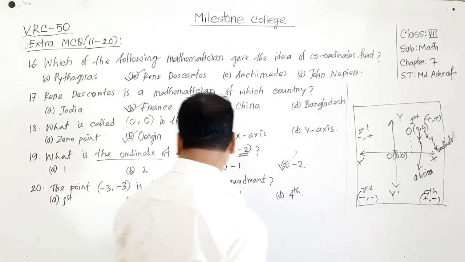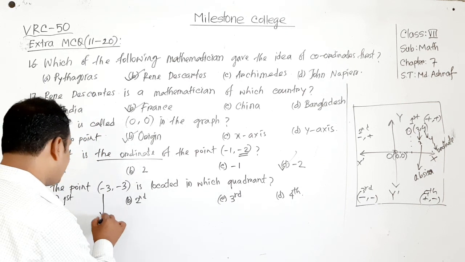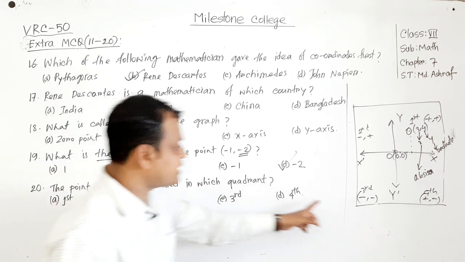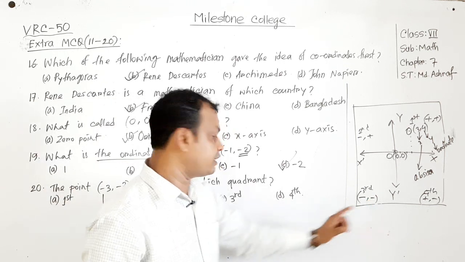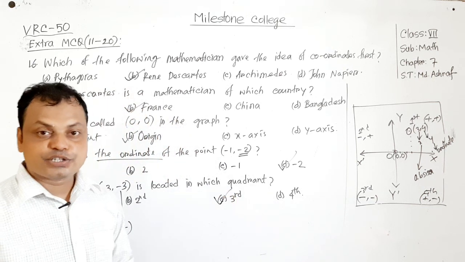Look at -3: if we eliminate the number, we get the signs, here minus, here minus. Minus in which quadrant will we get? In the third quadrant. So the point will be in the third quadrant. I think all of you have understood this one.